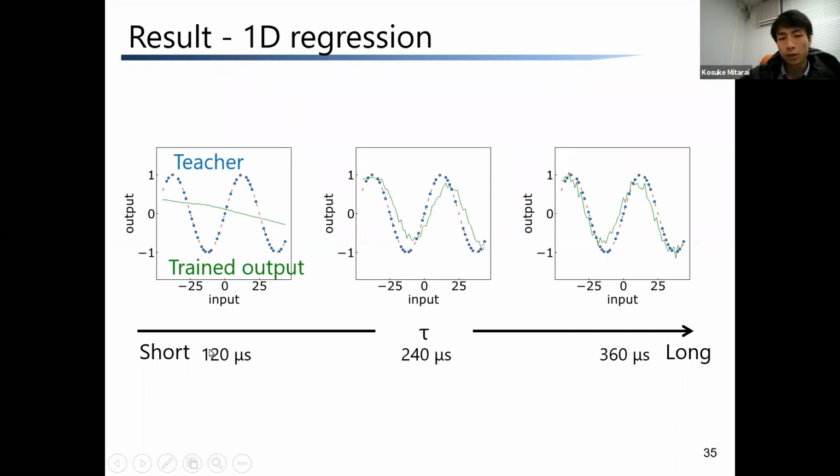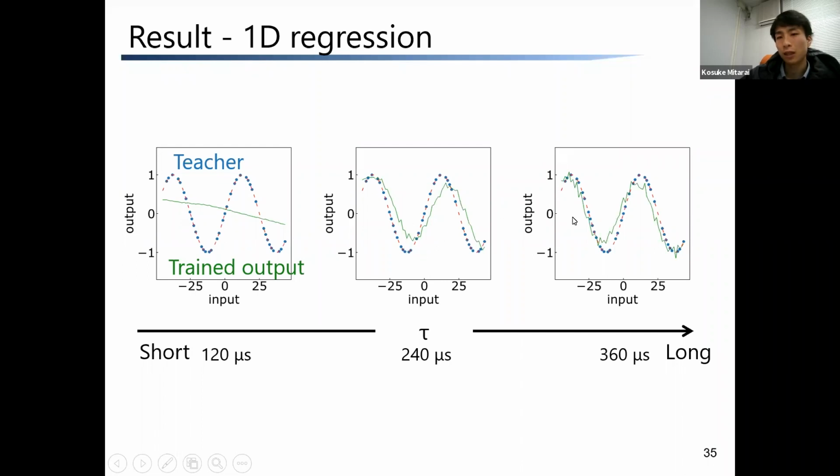At a short tau, the trained output is not really close to the teacher, but if we increase tau, the trained output closely approximates the teacher.